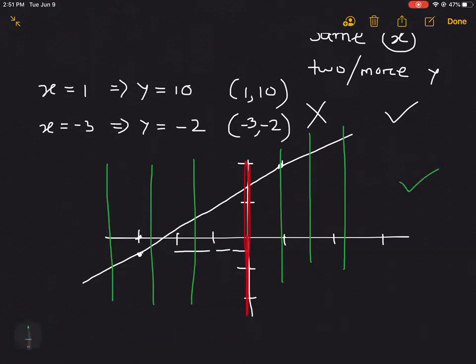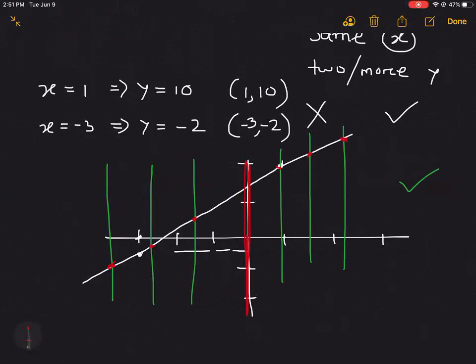As you can see, I've drawn a couple of parallel lines, and the white line has intersected at only one point. Can you see that? It has only one intersection point for each parallel line, not more than one. So we'll say it's a function.